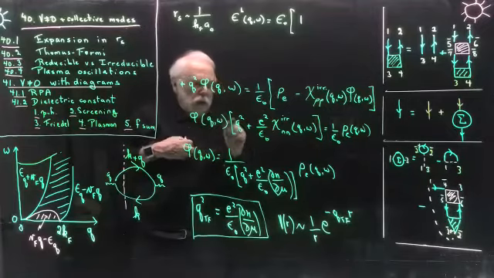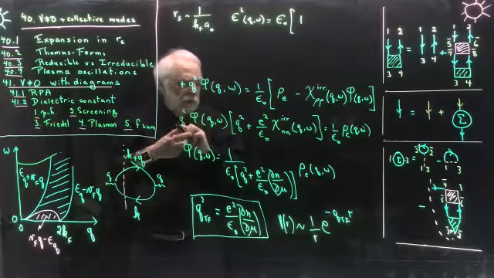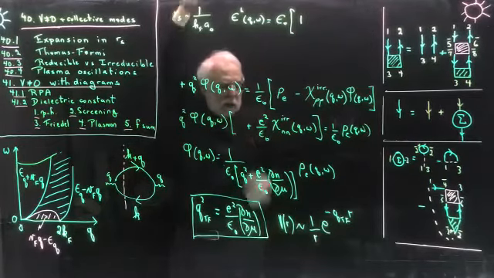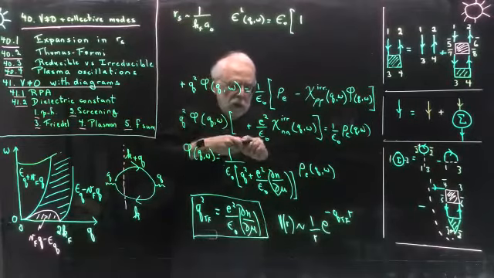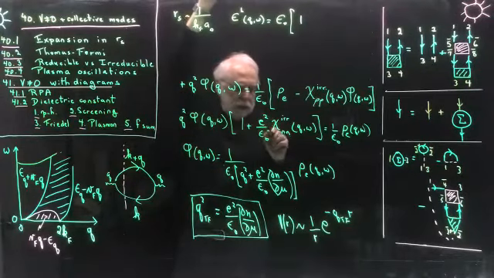So I factor q squared, and then this becomes 1 plus this over q squared.